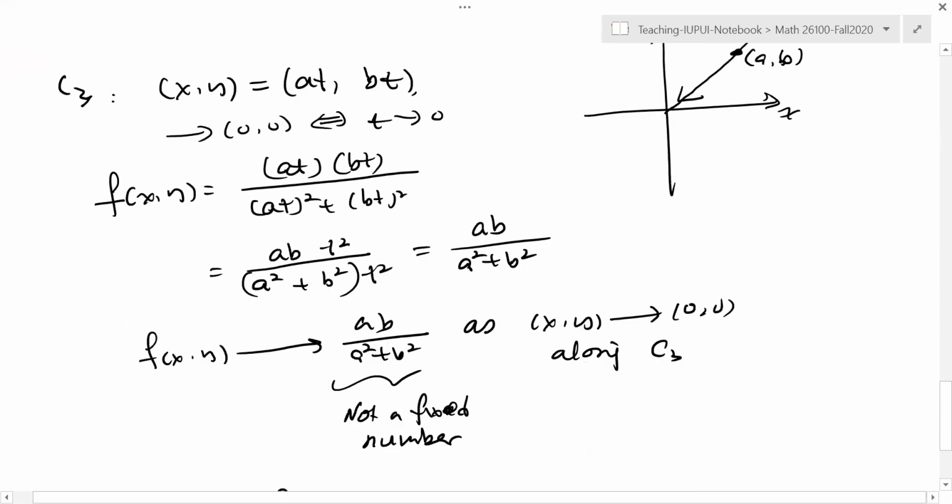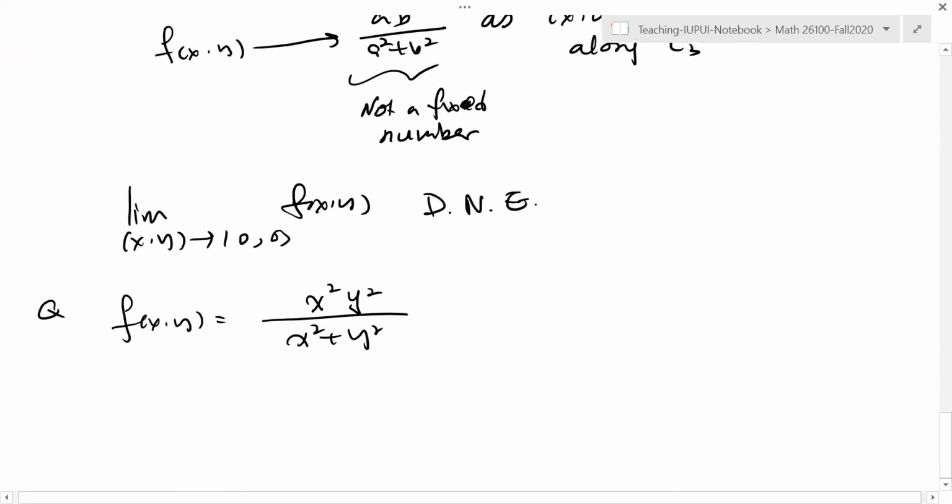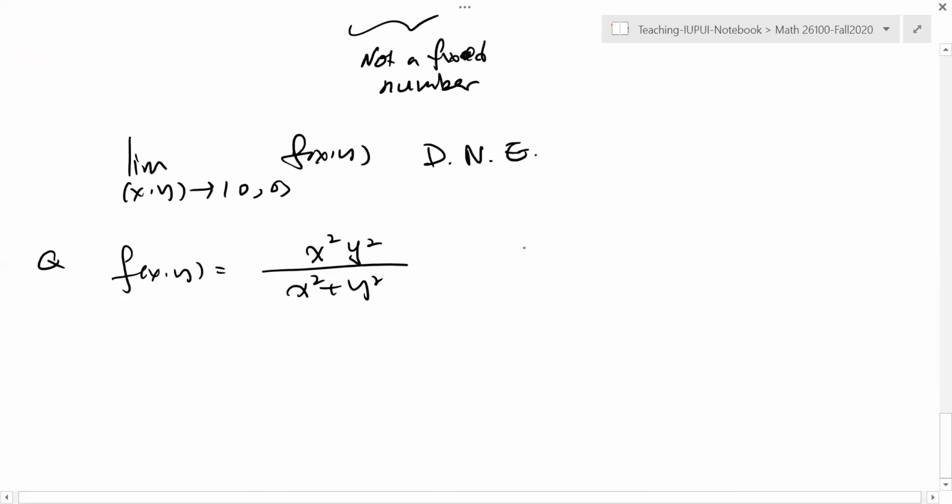But here, the degree of the numerator is going to be 4, and the degree of the denominator is going to be 2.